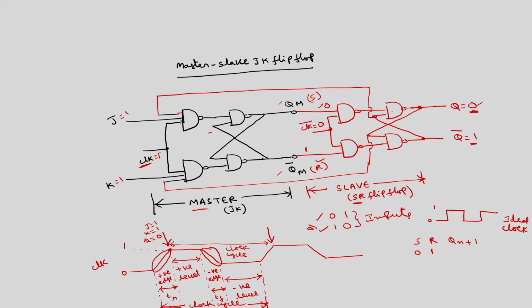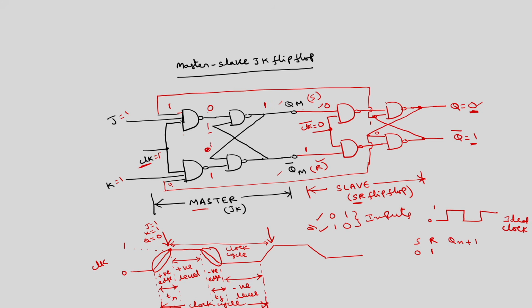For this input is 1, so this third input is 1. This input is 0, so this is 0. So, for this NAND gate all the 3 inputs are 1, this is 0, one input is 0, output is 1. Okay. And what about this? This is 0 and this is 1. So, one input is 0 means output is 1.